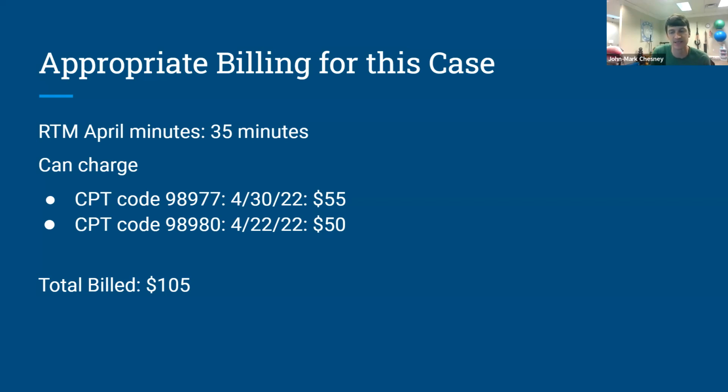And then 98975 is the initial setup and education. We were able to bill that during the first month, but if for some reason you missed it and didn't bill for it, then yes, you could bill for it this month. But again, 98975 is just a one-time code that you're able to utilize per episode of care, kind of like the initial eval.